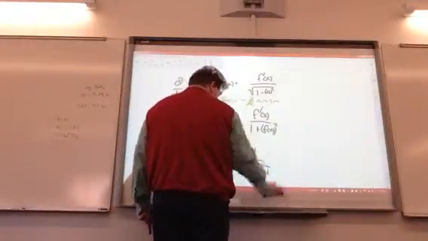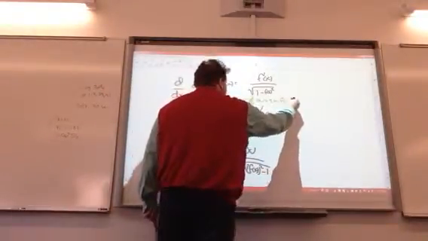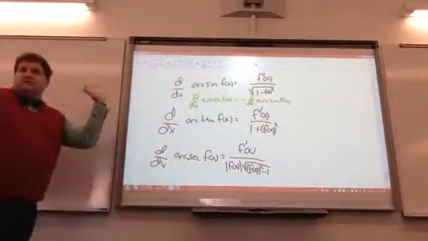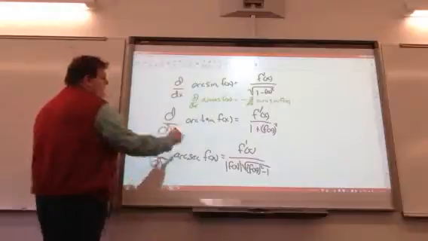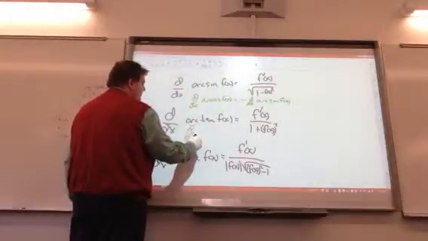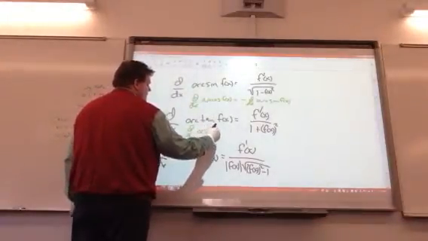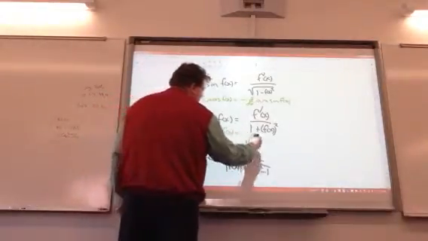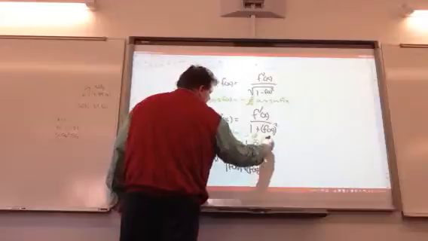So, you would just do this thing here and just throw a minus sign out in front. That's it. You're done. Same thing with this one right here. The derivative with respect to x of the arc cotangent of f of x is equal to negative the derivative of the arc tangent.